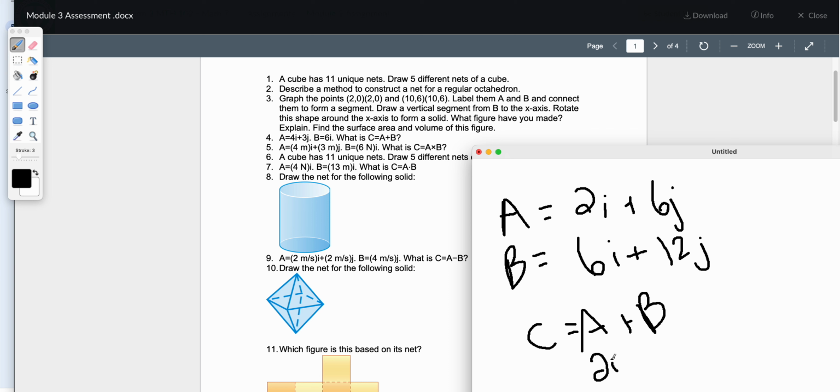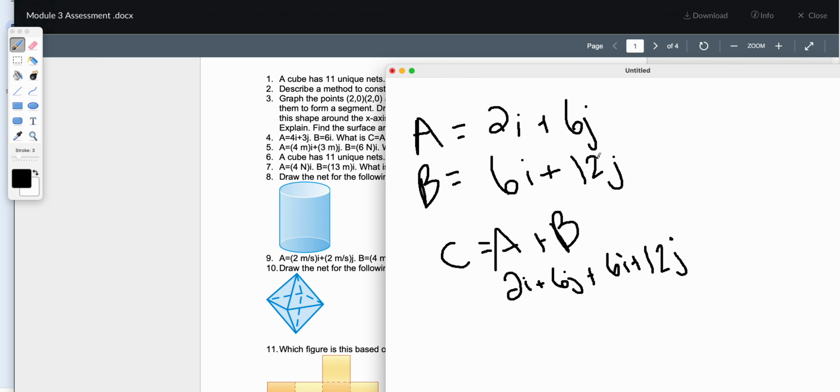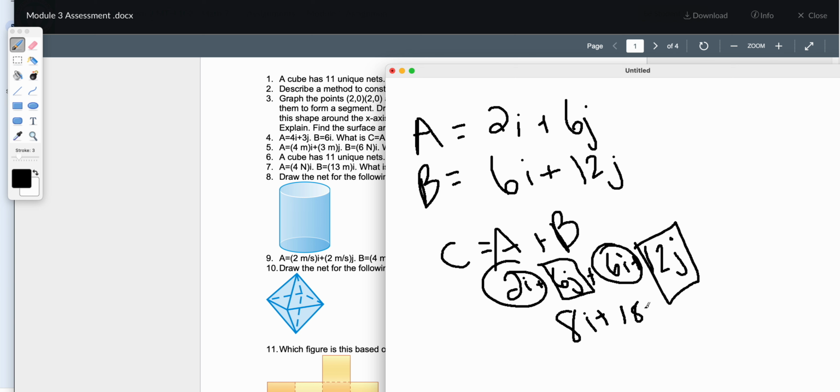I'm going to have 2i plus 6j, that's my a value, plus 6i plus 12j. Then my like terms would be 2i and 6i, which become 8i. And then I have 6j and 12j, which become 18j. So that's my final answer.